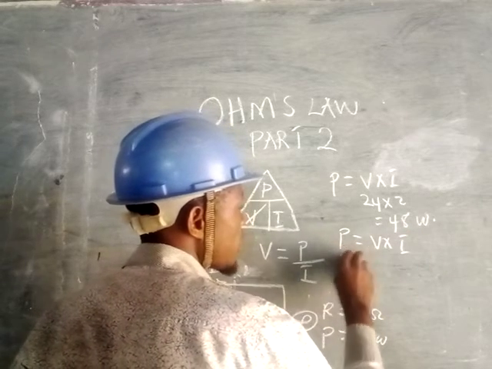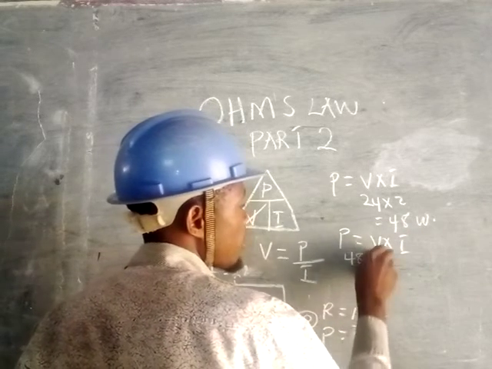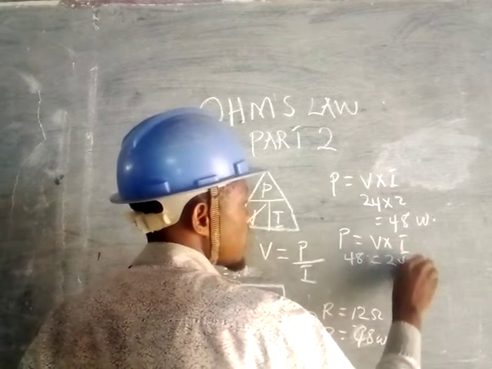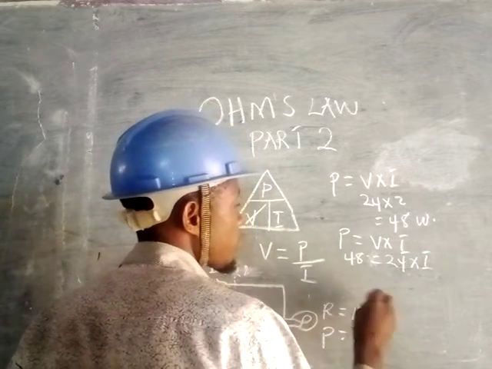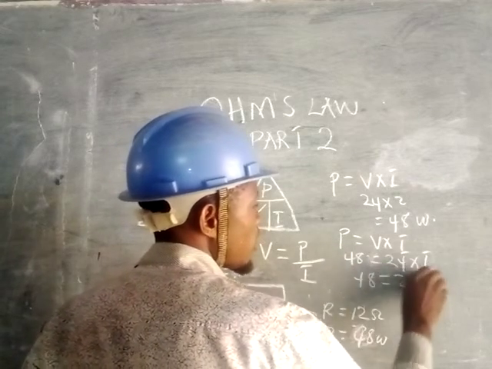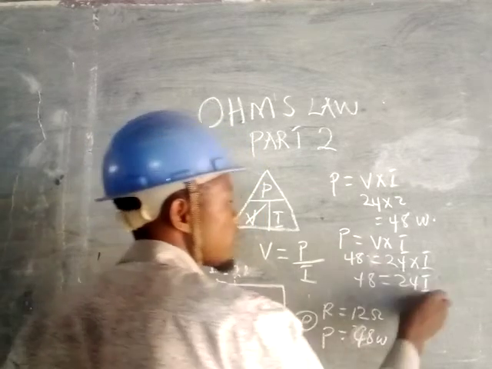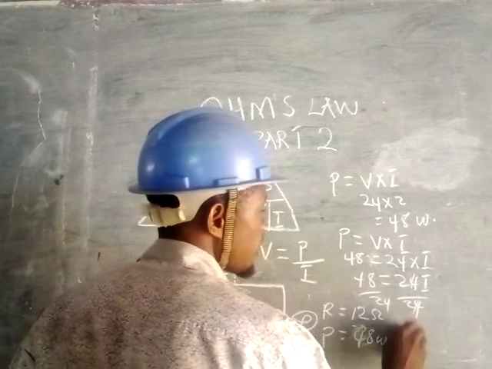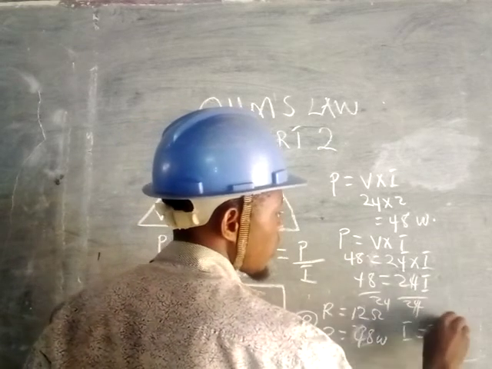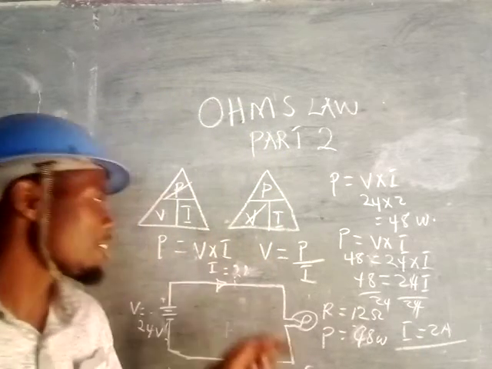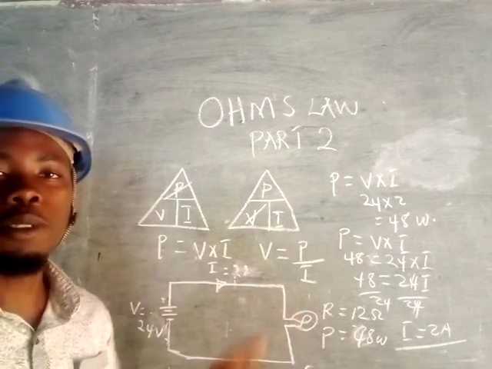So 48 equals 24 times current. We divide by 24, therefore current equals 2 amps. So that is a simple way of finding power using Ohm's law.